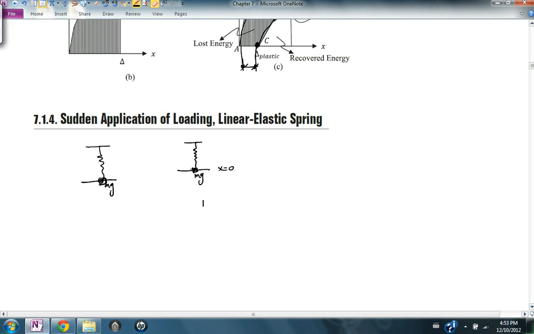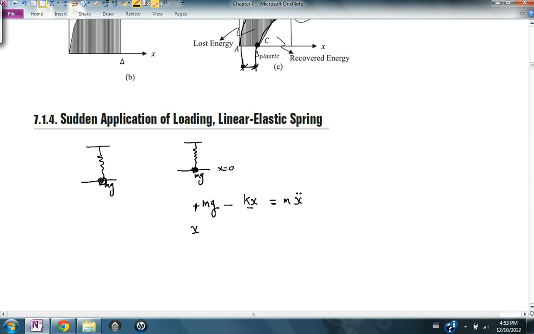The force acting downwards is mg, the force acting upwards is kx, and the force acting downwards will cause the mass to move with an acceleration x double dot.